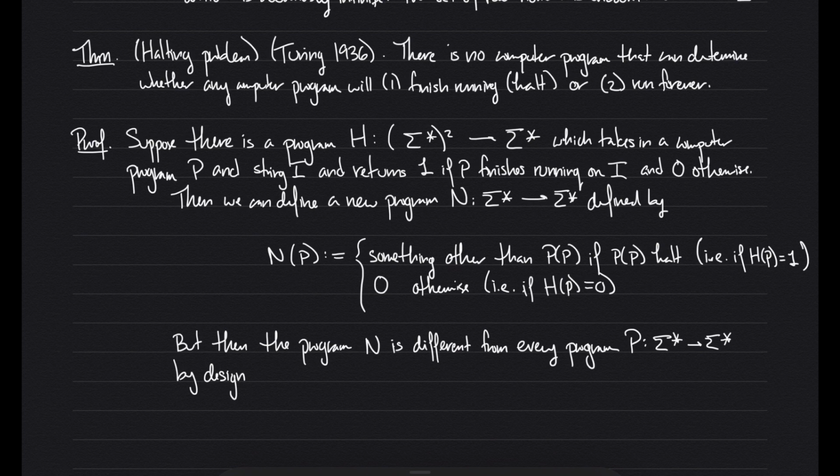But if we feed P to P, we get something different than when we feed P to N by design, because we just chose what N does at P by saying that it's different than what P does at P.